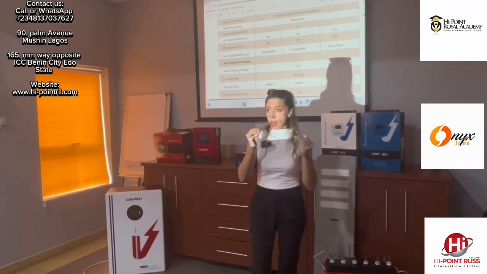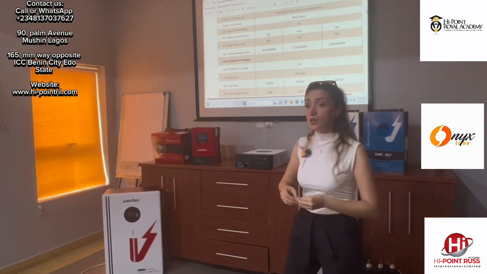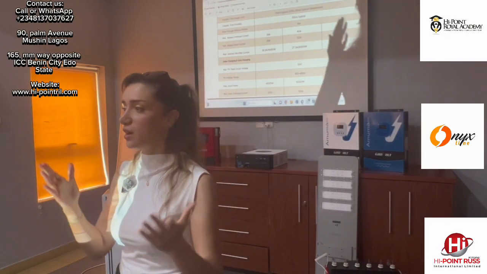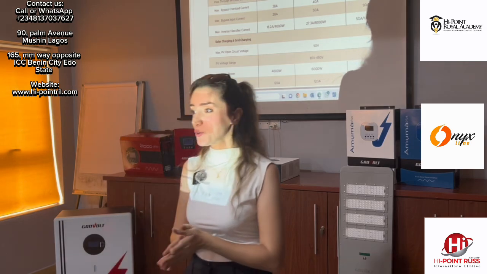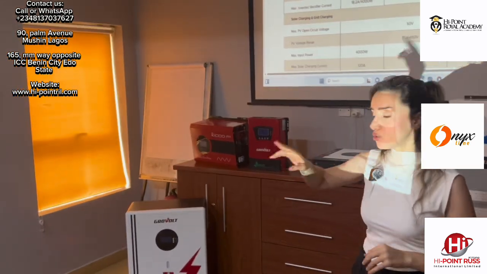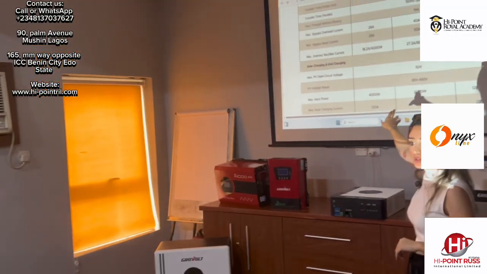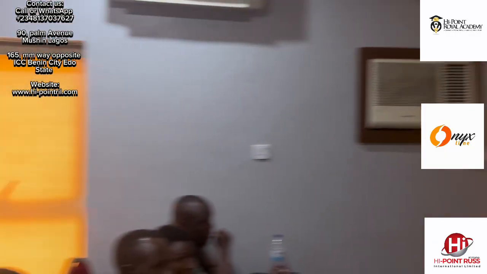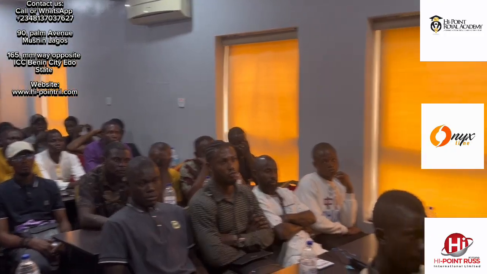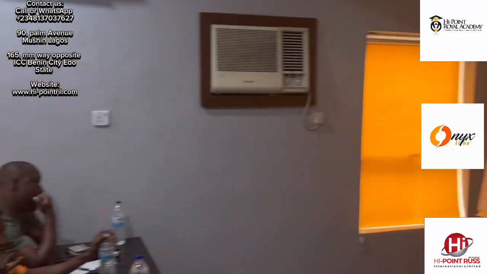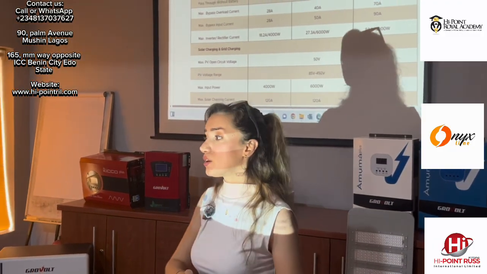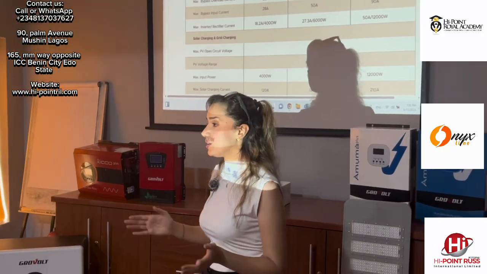How many panels do I have to add at least to start up this MPPT? 2, right, at least 2 panels, so I will reach this 85 volts. The range is from 85 to 450, but the maximum is 500, so you can reach safely up to 500.